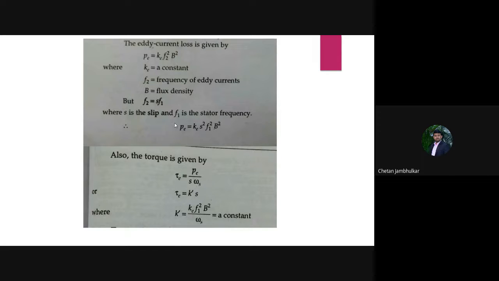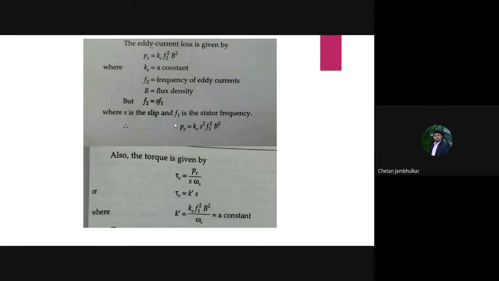F2 = S into F1, where S is the slip and F1 is the stator frequency. So we put the value of F2 in terms of F1: PE = K into S square into F1 square into B square. So this is the equation of eddy current loss, denoted as PE.